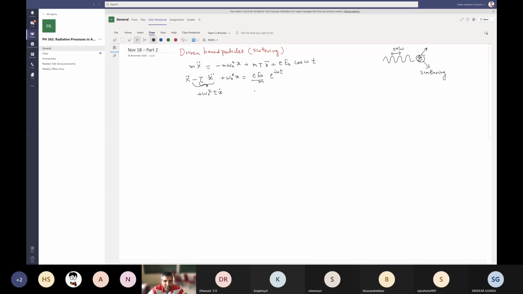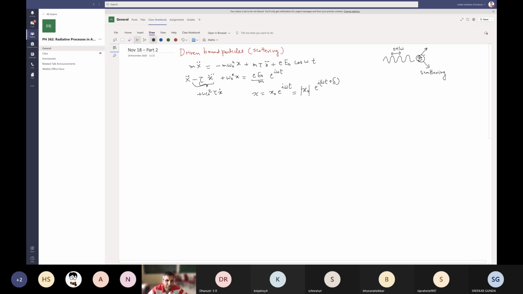We all know that we can write x equals x naught e to the i omega t, where x naught is a complex number, and we can write it as x naught, the real number, times e to the i omega t plus delta. Now this delta is a phase.